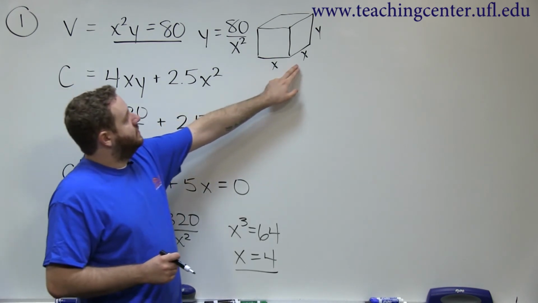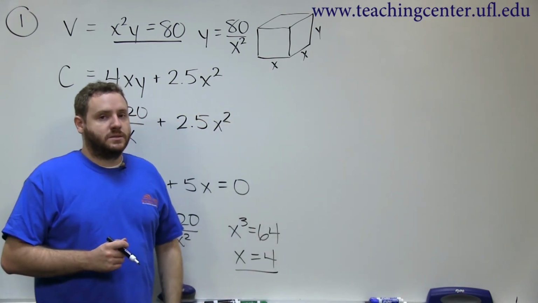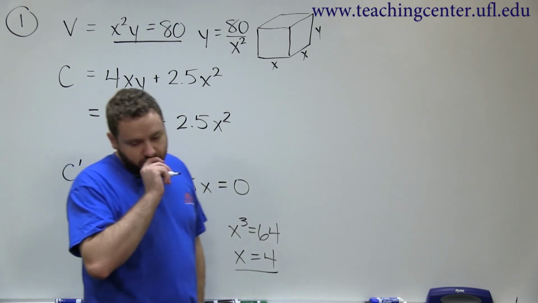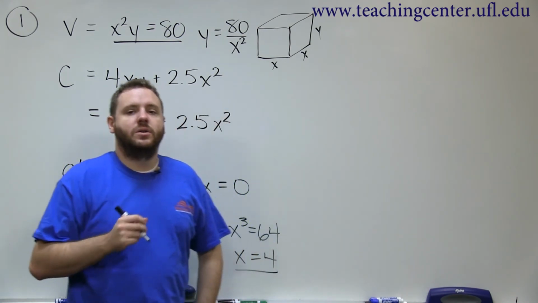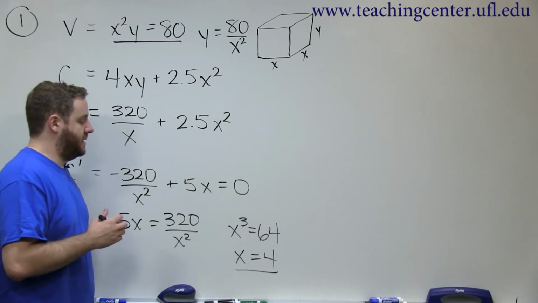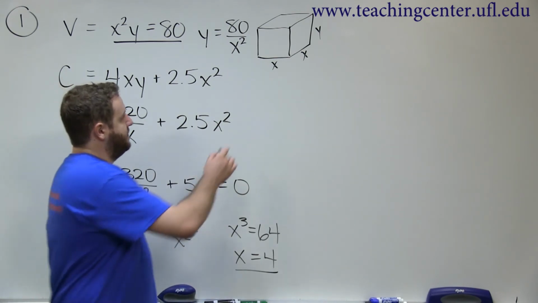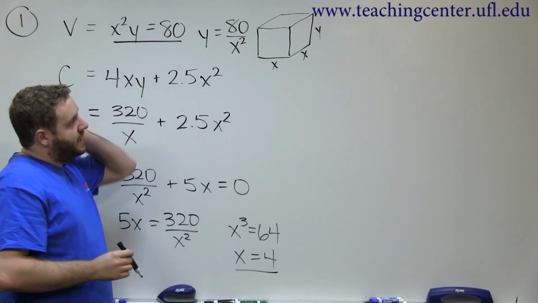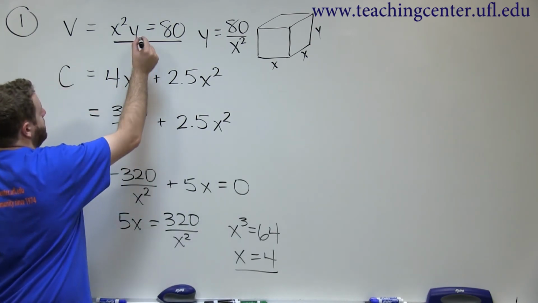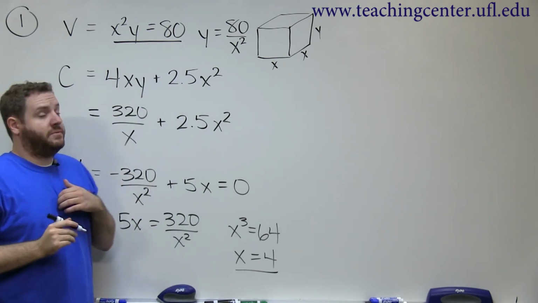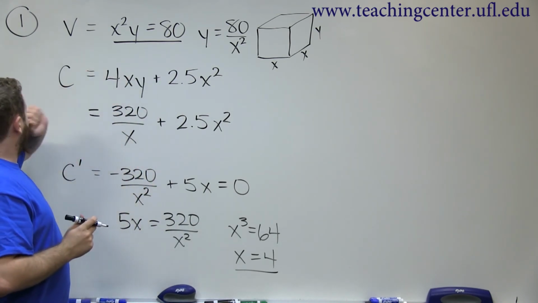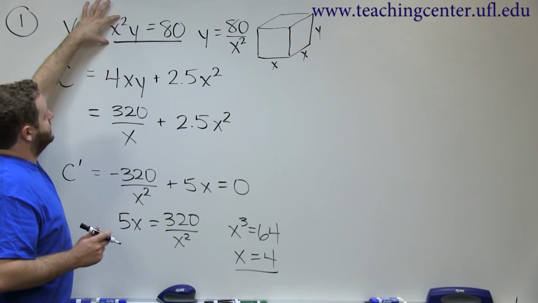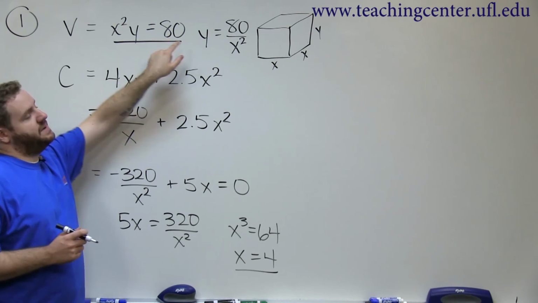Remember, x was one of the dimensions of this box. The problem is asking us what are all the dimensions so that the cost is minimized. Well, we know that the bottom should be 4 by 4. To find out the height of the box, all we need to do is plug it right back into our volume equation. If x is equal to 4, 4 squared is 16. 16 times 5 is 80.